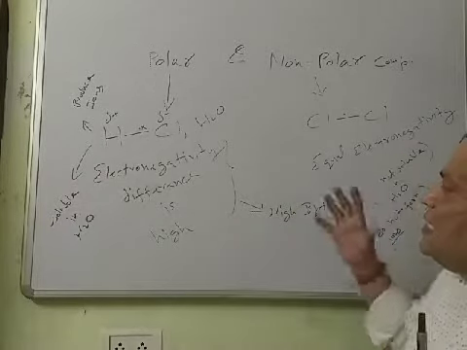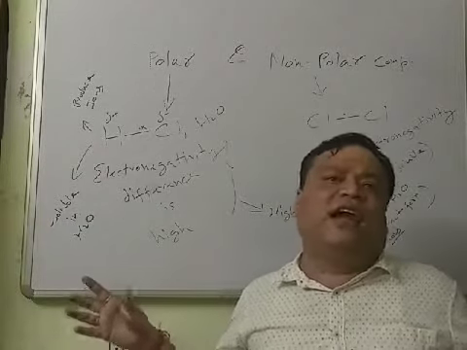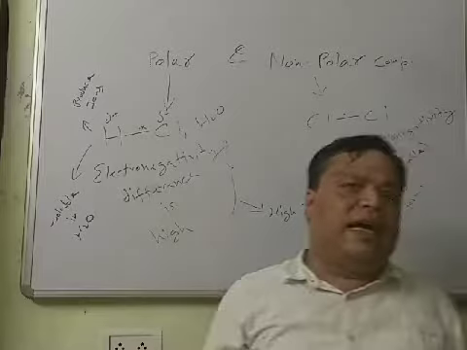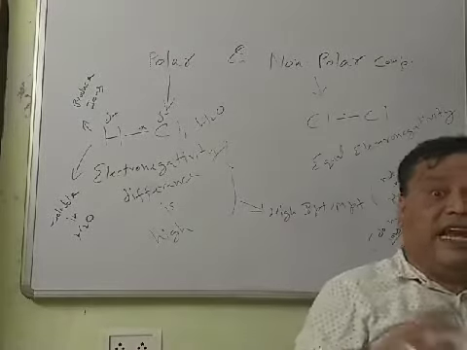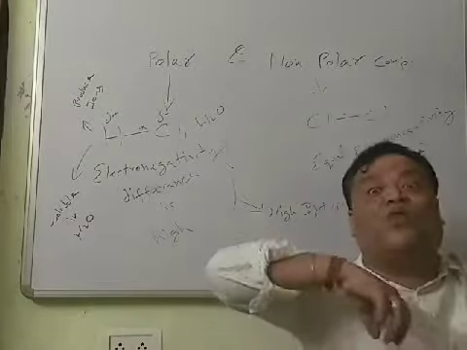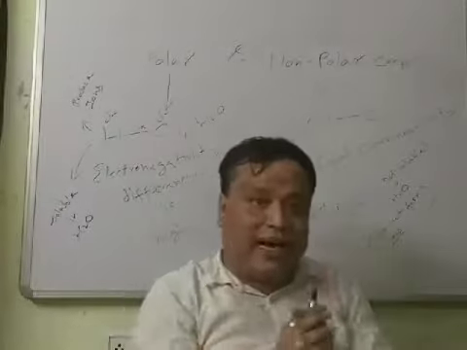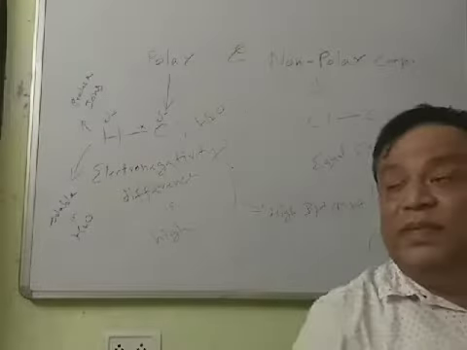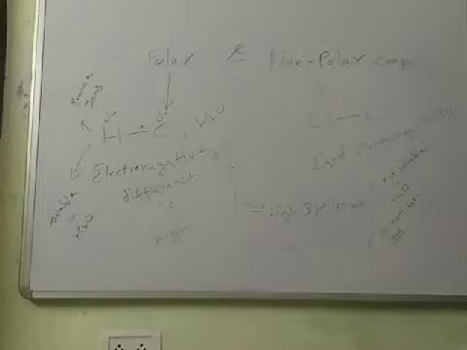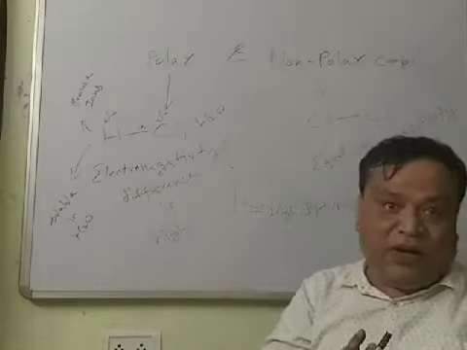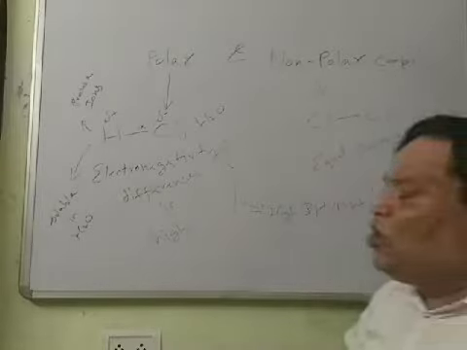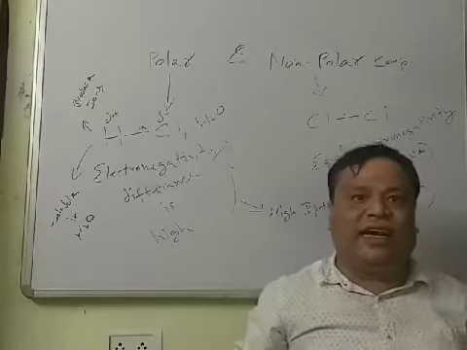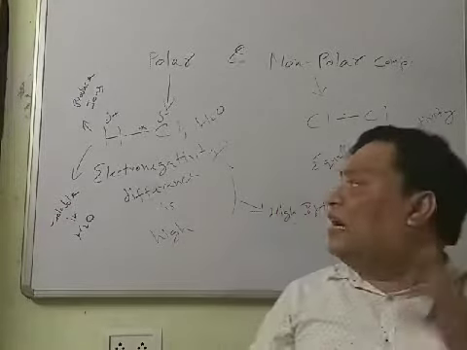HCl is soluble in water. Boys, HCl, hydrogen chloride, is a gas which is highly soluble in water, and when it dissolves in water it forms hydrochloric acid. That's why it is so soluble in water, because it is polar in nature. So when a compound is polar in nature, it can dissolve very easily in water. That is one thing.